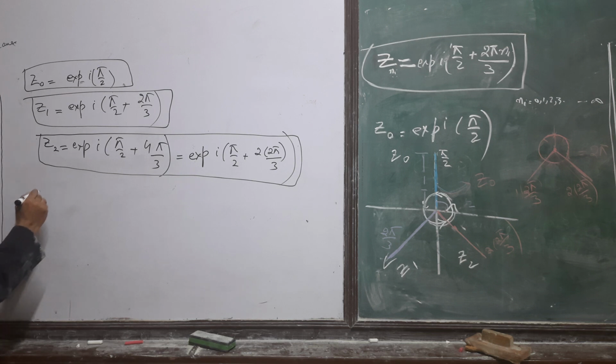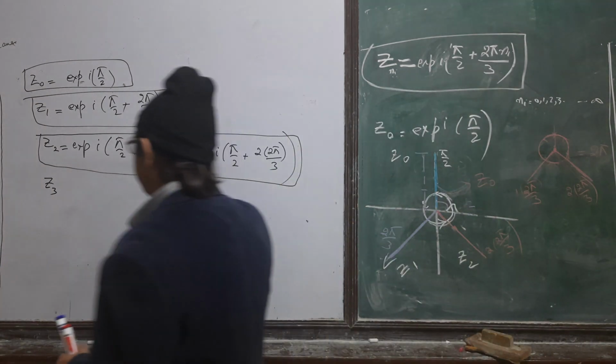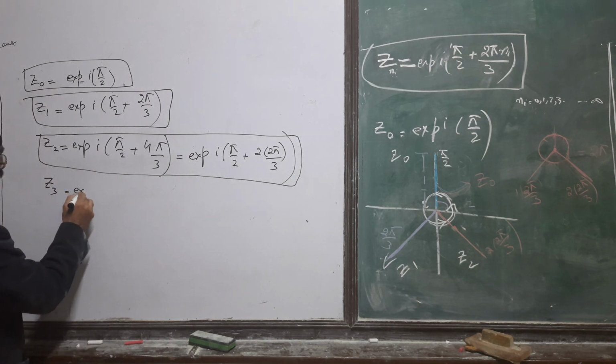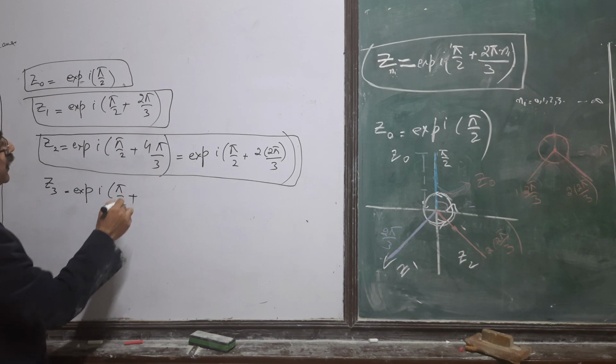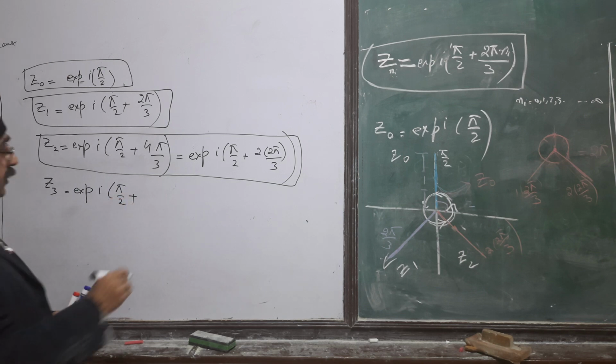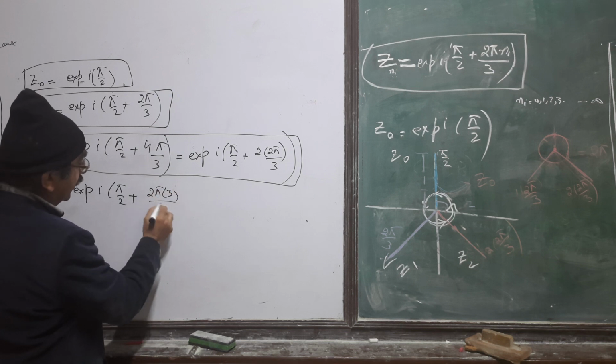Okay, if we consider z3, the third root, then what will be the exponential of iota, pi by 2 plus 2 pi multiplied by 3 divided by 3.